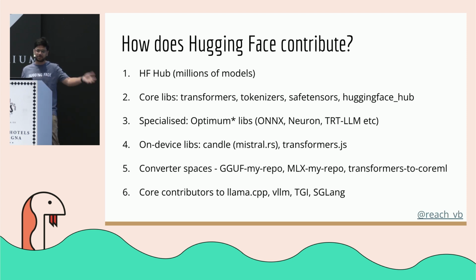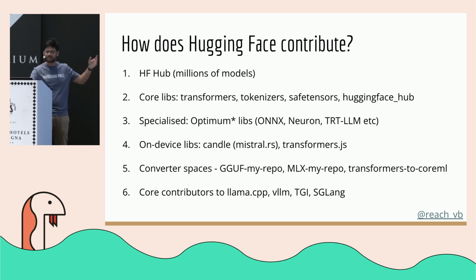We have specialized libraries for running stuff on Onyx, Neuron, TRTLM, lots of that. We have a plethora of on-device libraries. We have Candle, written in Rust, transformers.js for JavaScript, also a bunch of CUDA-based stuff. We have converter spaces.